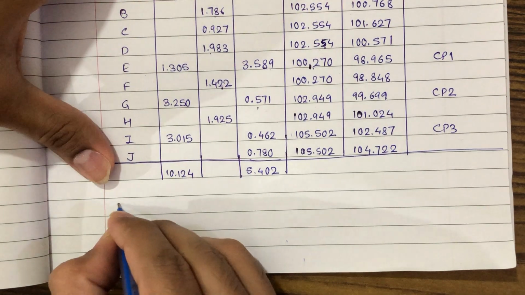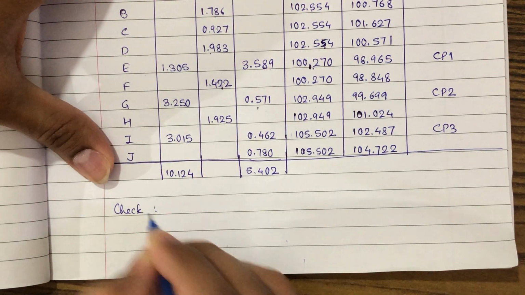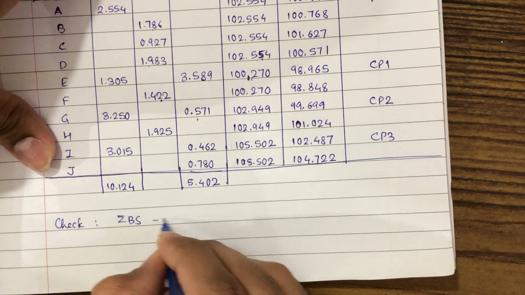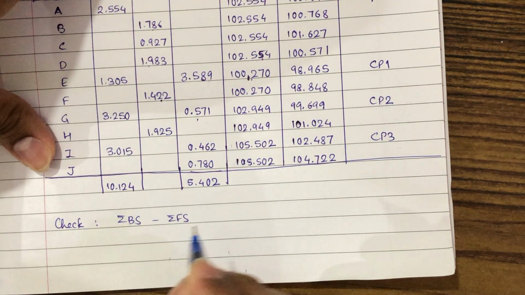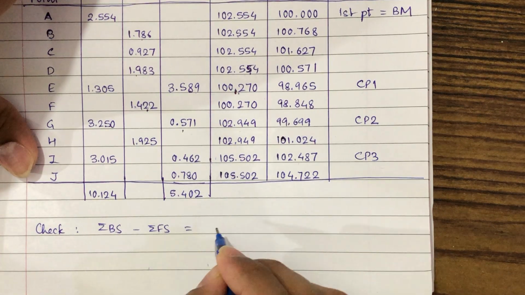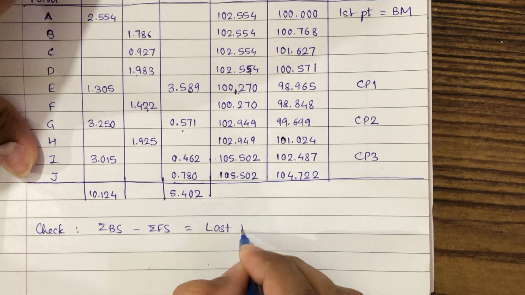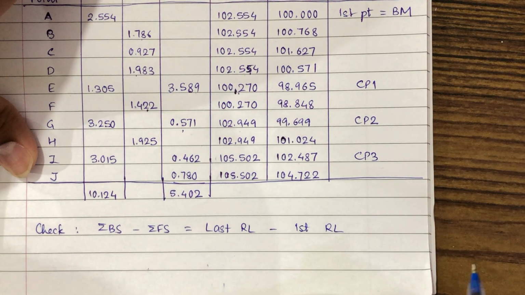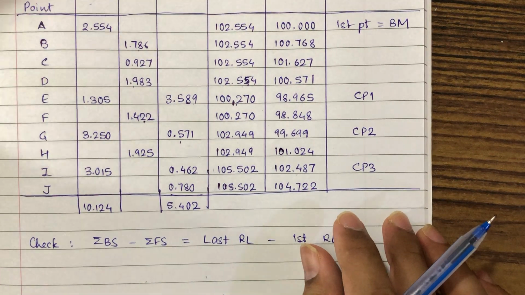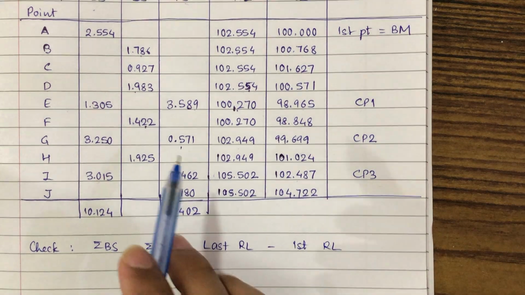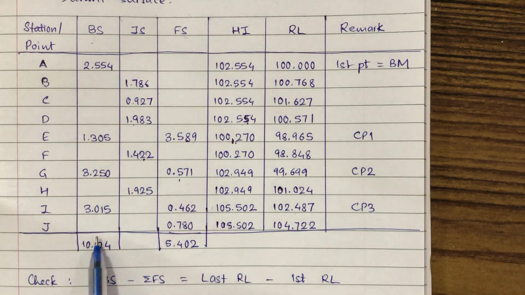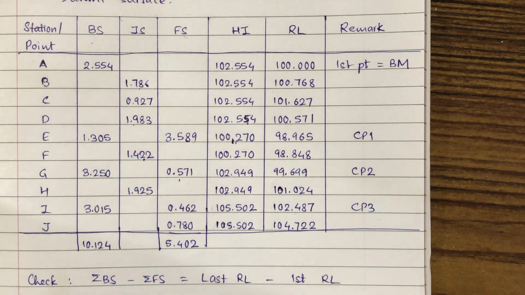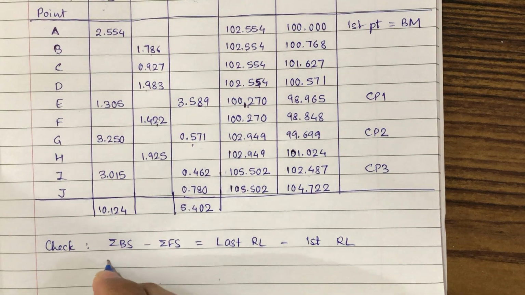Now the check goes like this: summation of backsight minus summation of foresight should be equal to the last RL minus the first RL.